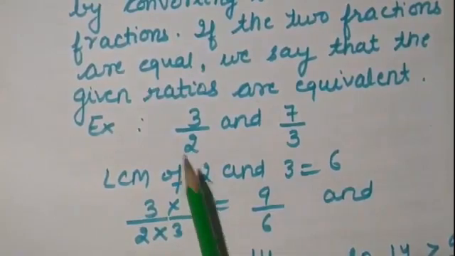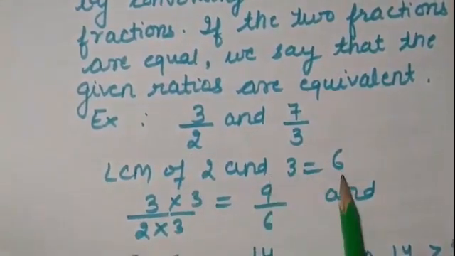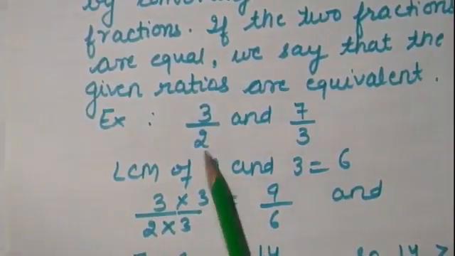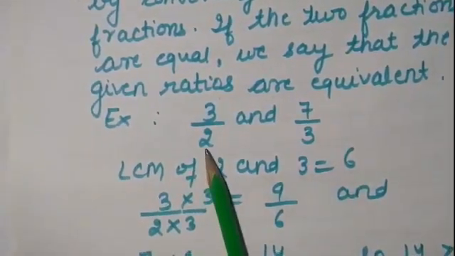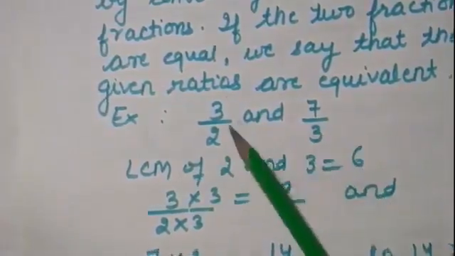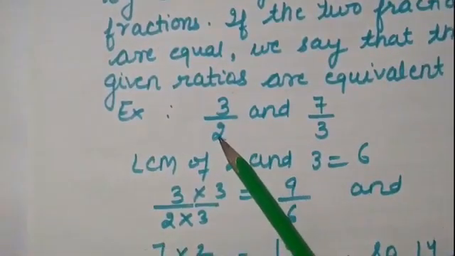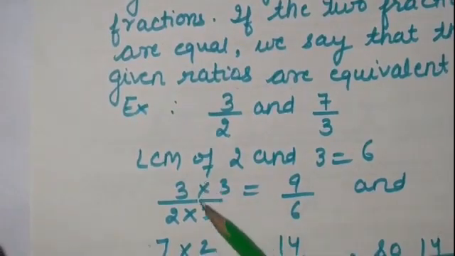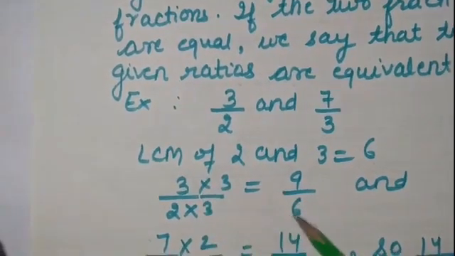Here the denominators are 2 and 3 and their LCM is 6. Now I will make the denominator equal to 6 in each fraction. For 3/2, how will you make its denominator 6? By multiplying numerator and denominator by 3. So it will be 9/6.